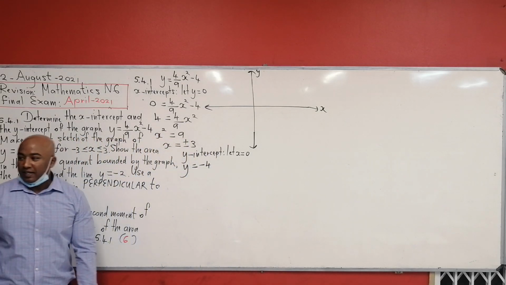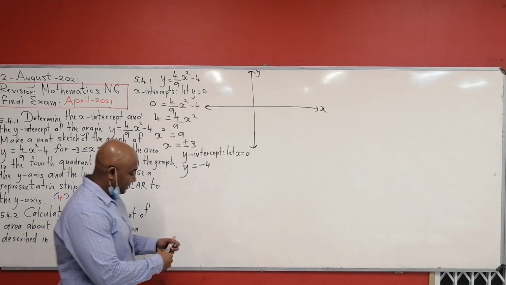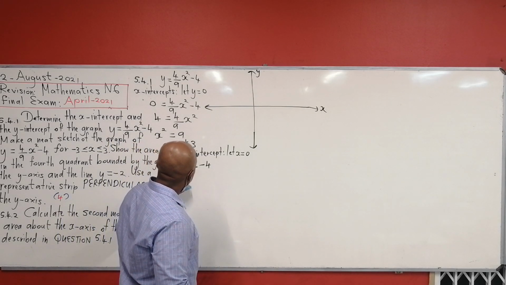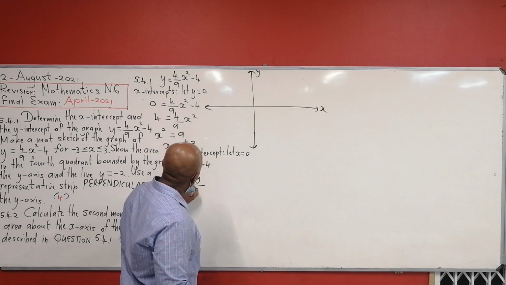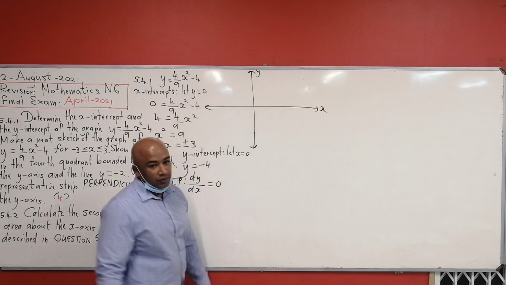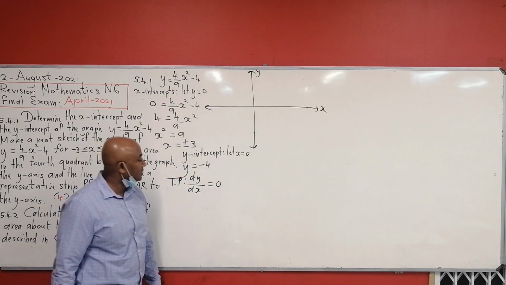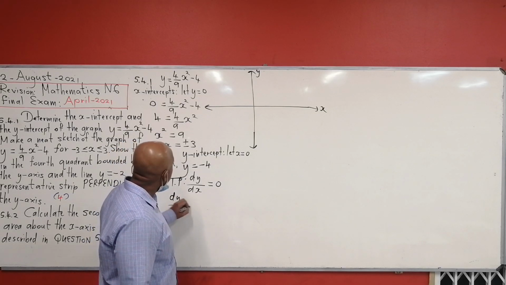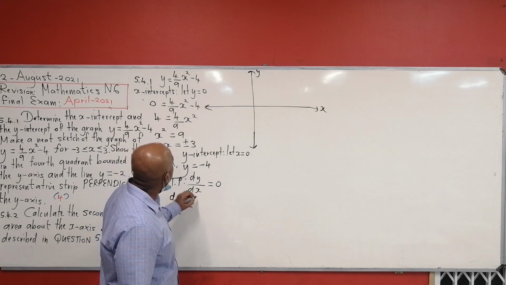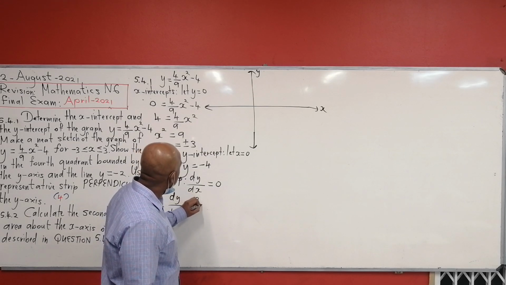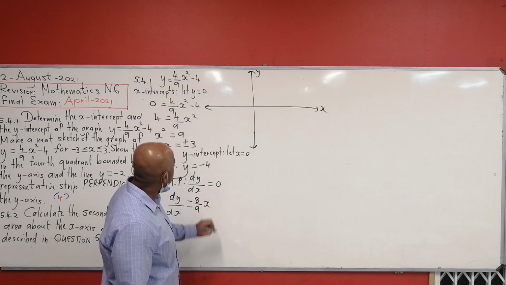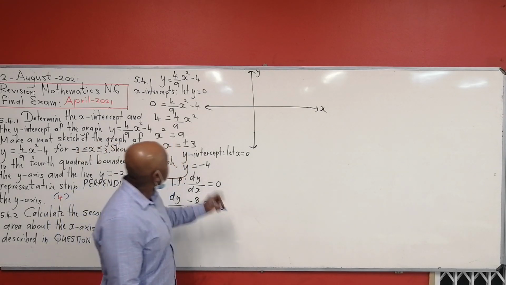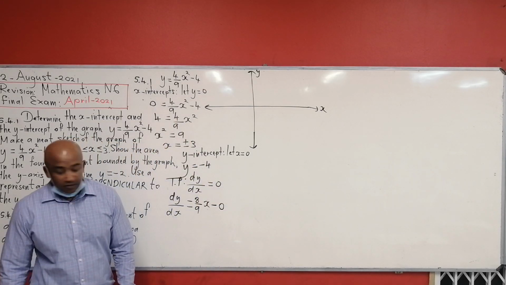If you want to find the turning point of the parabola, you make dy over dx equal to 0. So dy over dx, if I differentiate that, that's going to be 4 times 2, which is 8 over 9 x, minus derivative of minus 4 is 0.